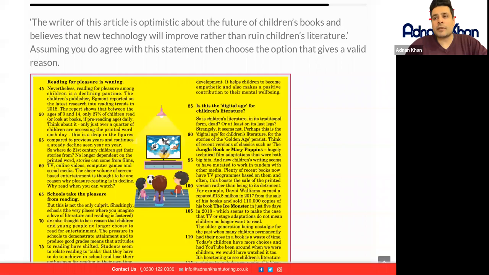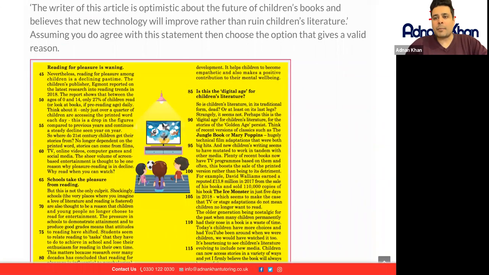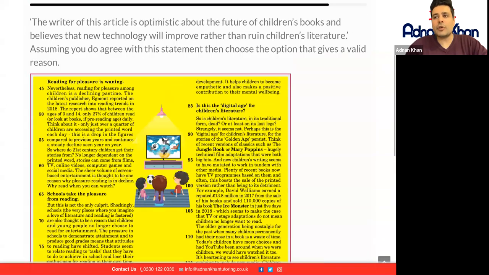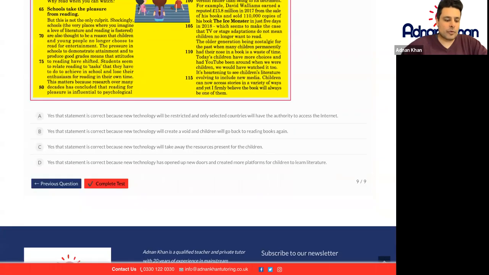She's quite positive about the future of children's books. She believes that new technology, doesn't matter what it is, will not have an impact on children's reading. If you agree with this, what valid reason would you go for? A, B, C, or D?